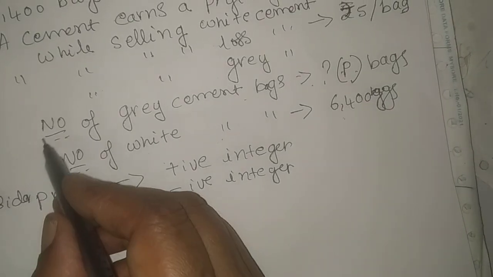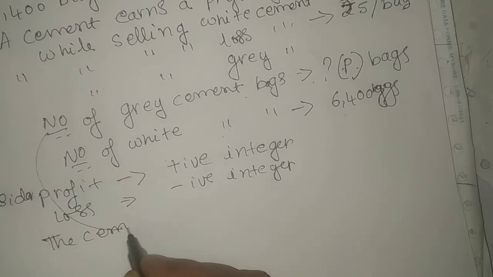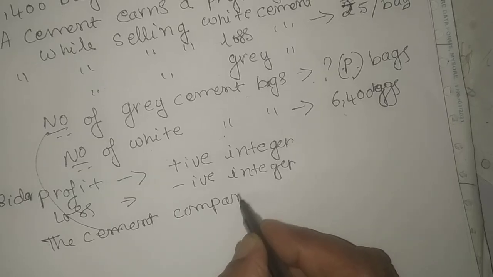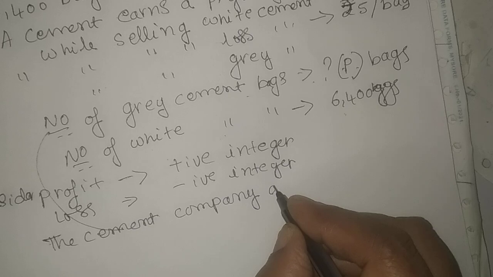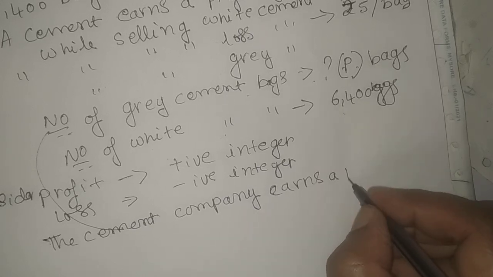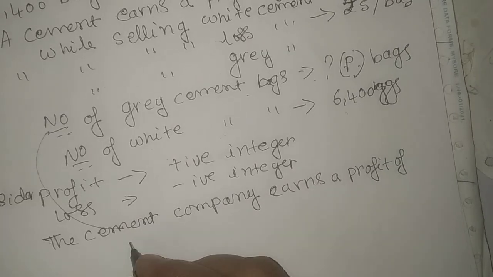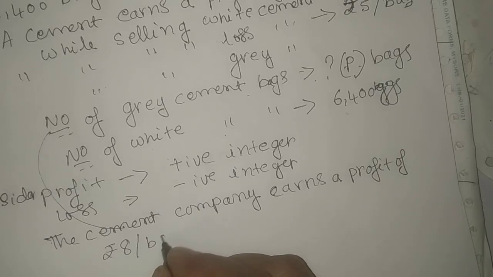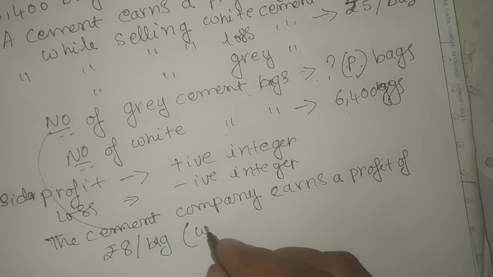Now we will consider, for this, the cement company earns a profit of rupees 8 per bag. This one is for white cement.